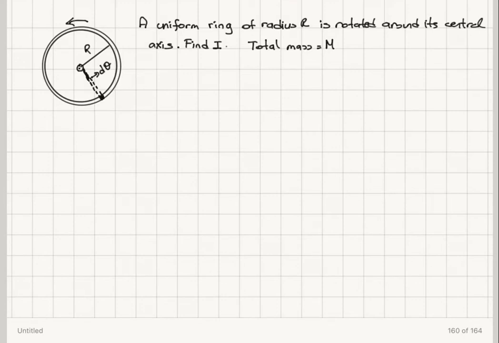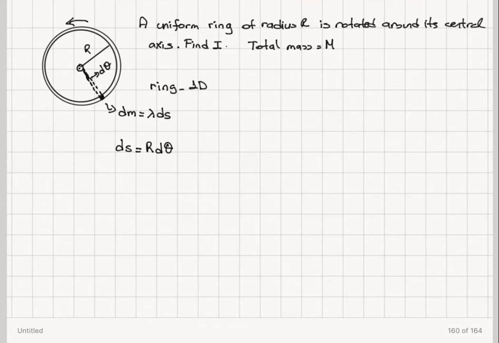Since it's a ring, it's one-dimensional, so the mass here is going to be equal to lambda times ds, ds being the arc length. What is ds? This we have done several times. It's going to be equal to the radius times the angle, r d theta.